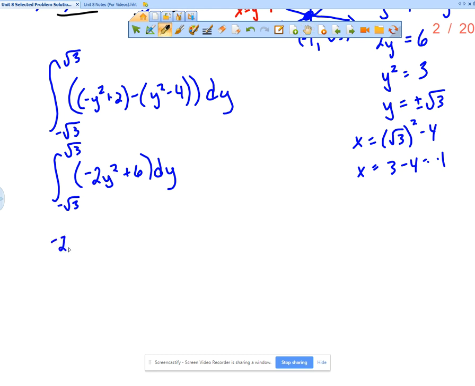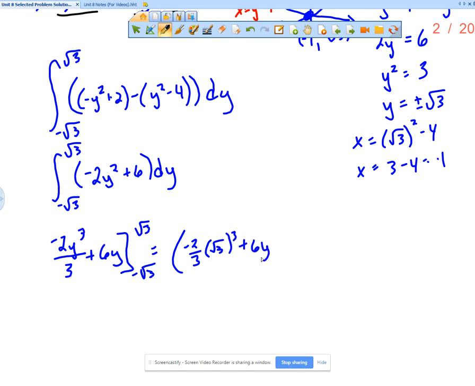All right, so I'm going to integrate negative 2y squared. So that becomes negative 2y cubed over 3 plus the integral of 6, which is 6y, from negative root 3 to positive root 3. All right, so now let's plug in. I get negative 2/3 y cubed, so that's going to be positive root 3 cubed plus 6y, right?